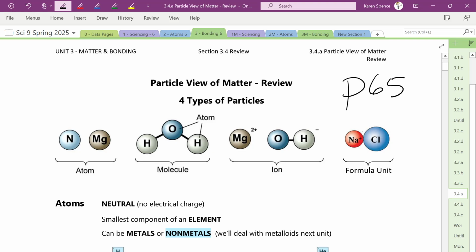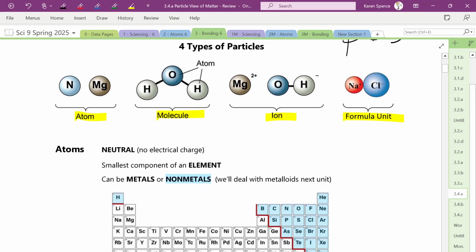And hopefully, by this point, we have talked a lot about the 4 types of particles. We have atoms, we have molecules, we have ions, and we have formula units. Are we good with those 4? Yes. Okay. Do atoms have a charge, or are they neutral? Atoms are neutral.